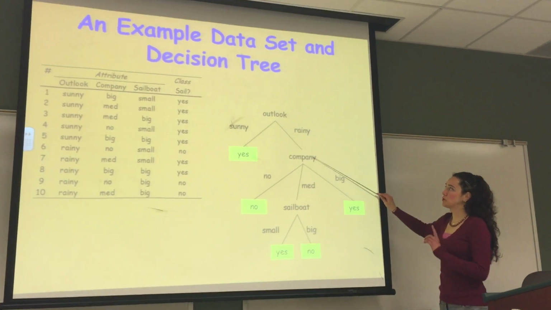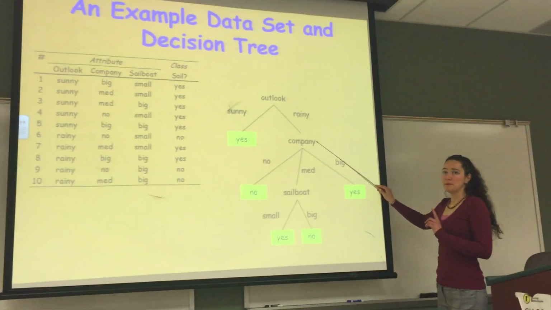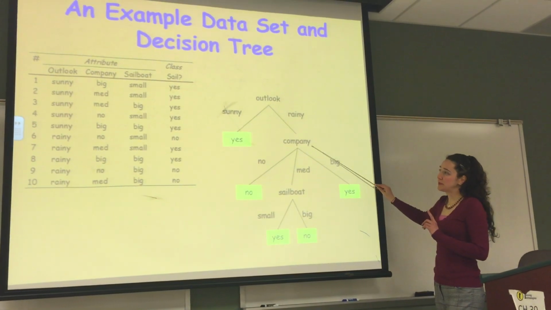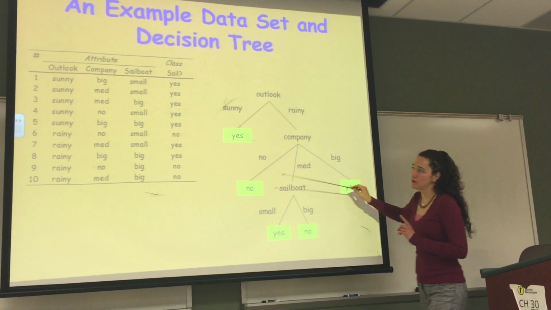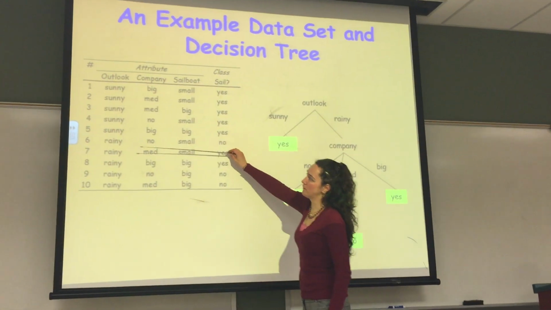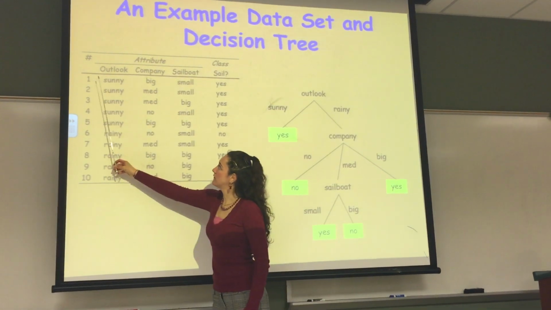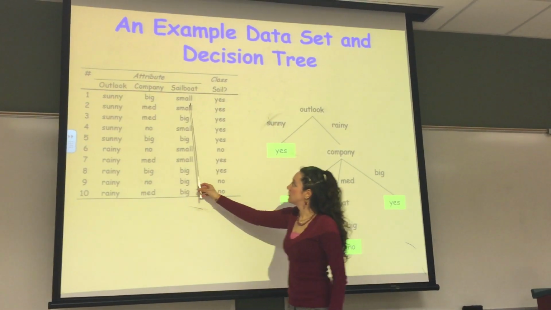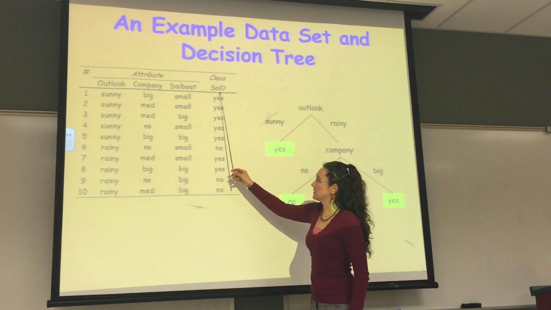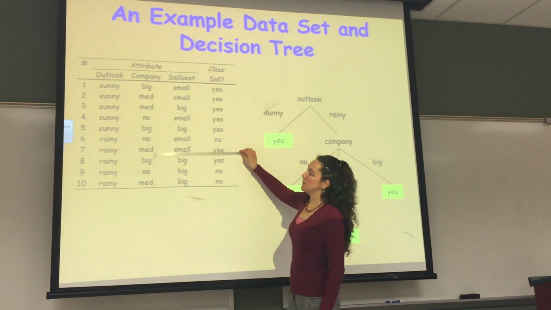Next we're going to choose one attribute to keep splitting our data. Our data right now consists only of objects 6 through 10, and this attribute is gone. So it consists of the company, sailboat and class attributes for objects 6 through 10.